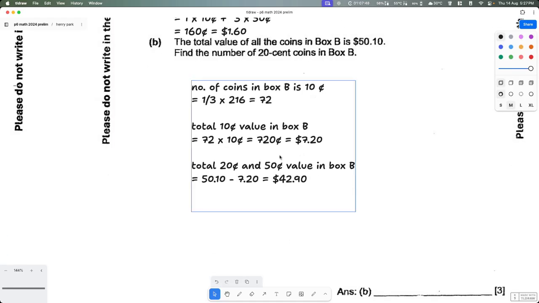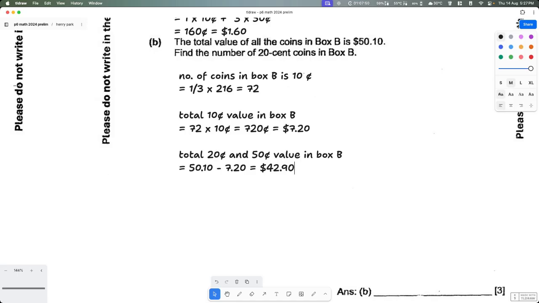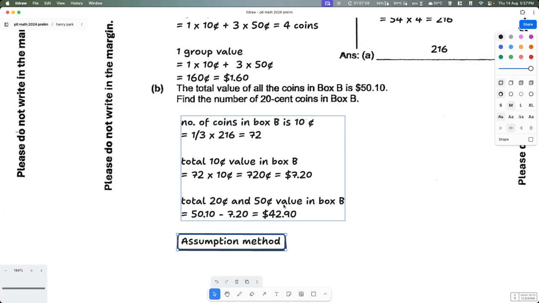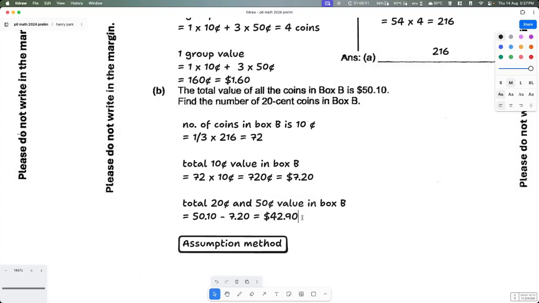Okay, so then we can use the assumption method over here. So assumption method is a better guess and check. So from here, we know that there's $42.90.